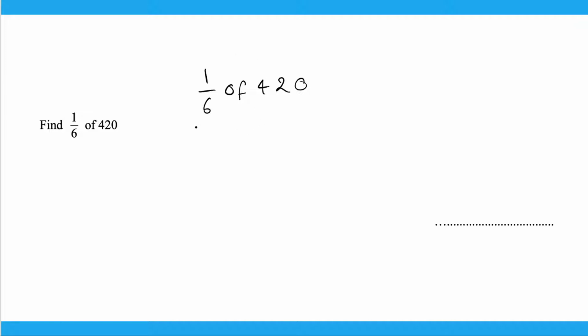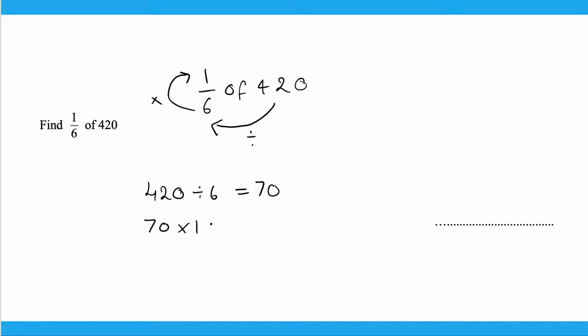So we would do 420 divided by 6, which gets us 70, and then 70 multiplied by 1 is 70. So 1/6 of 420 is 70, and 70 is our answer.